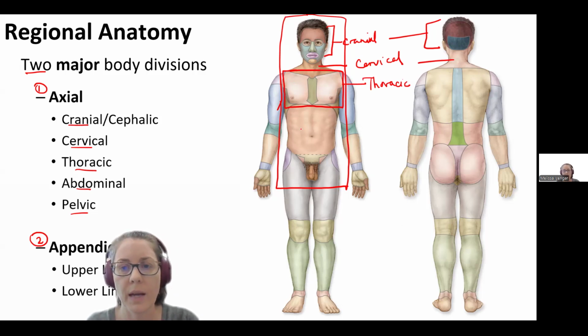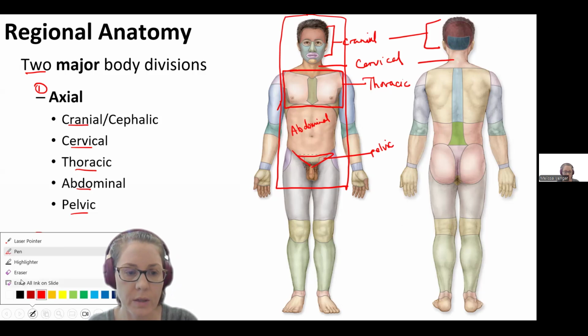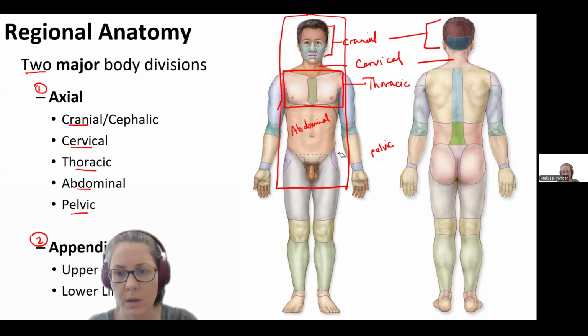Then you have abdominal here. And this triangular area is called pelvic. So these regions get further subdivided. You can have inguinal, and if I erase this, what you'll see is pelvic is really right here.